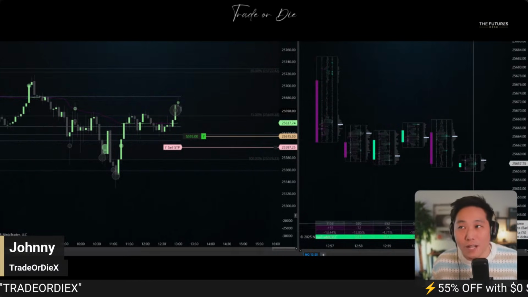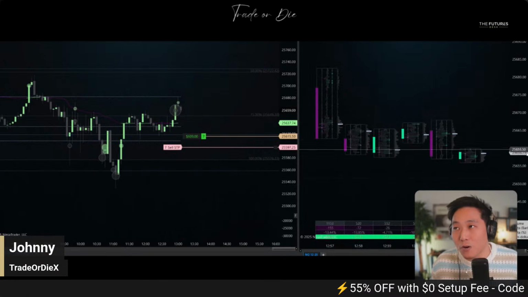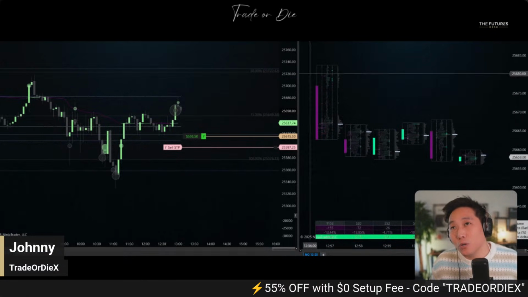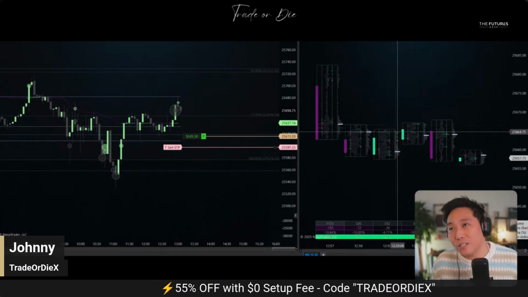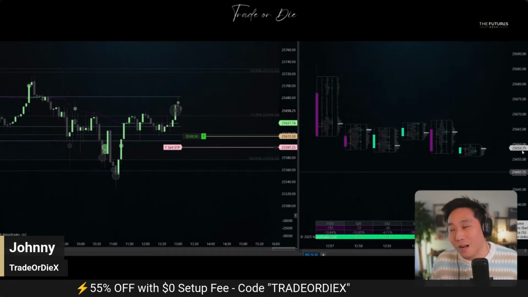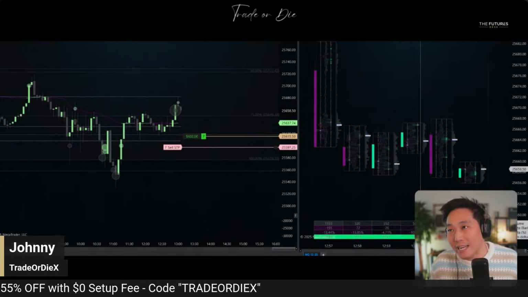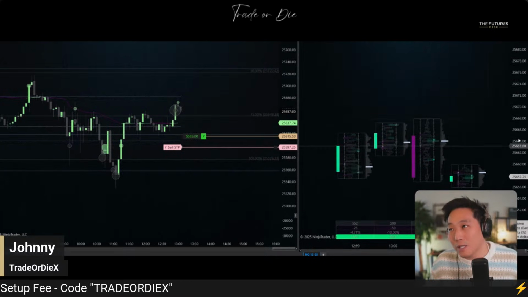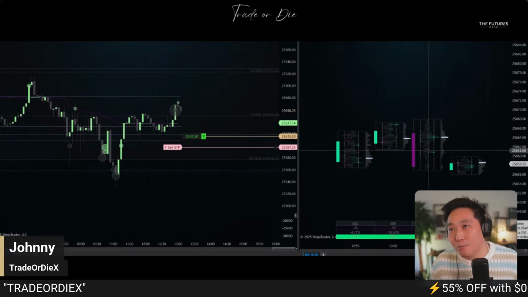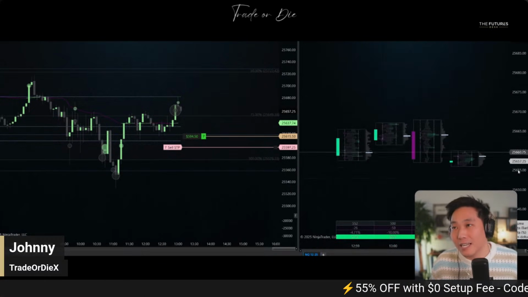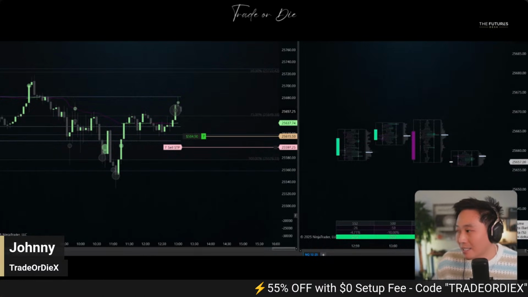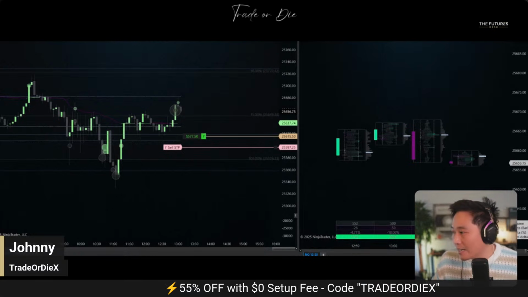I coded a strategy to pull all the info. If it's printing it here on the chart, it has to essentially load that data. And so when it loads that data, after every minute candle, I'm exporting it, and it's happening in the background automatically. And I can show you what that looks like.